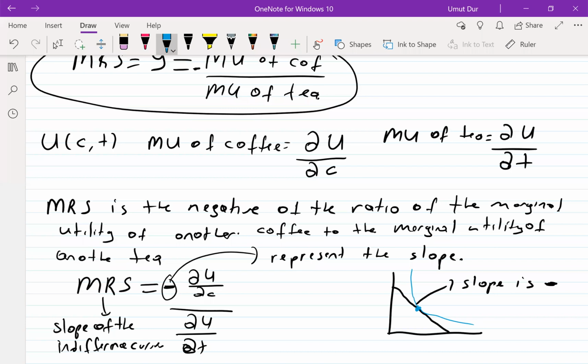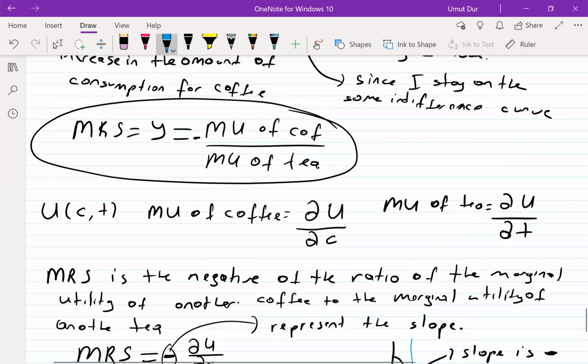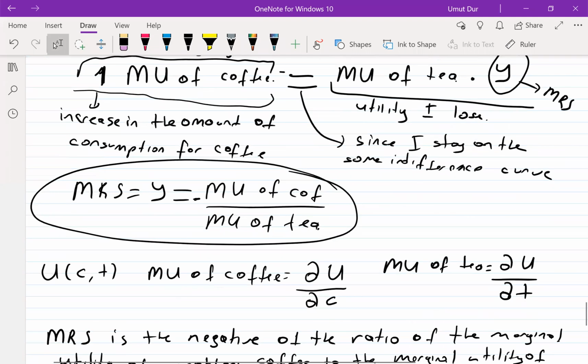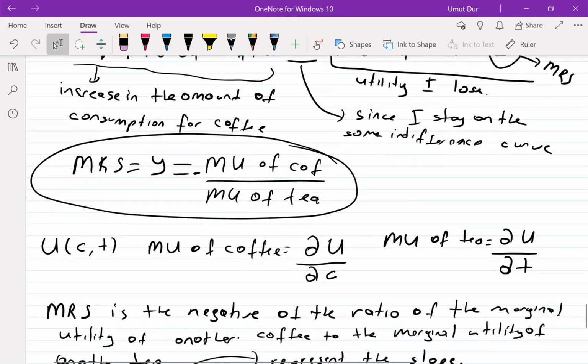Once you look at the definition one more time, you will see that the only thing this equation represents is that the amount of utility that you are gaining should be equal to the amount of utility that you are losing. And if you do the math here, you can represent this marginal rate of substitution as a ratio of the marginal utilities.